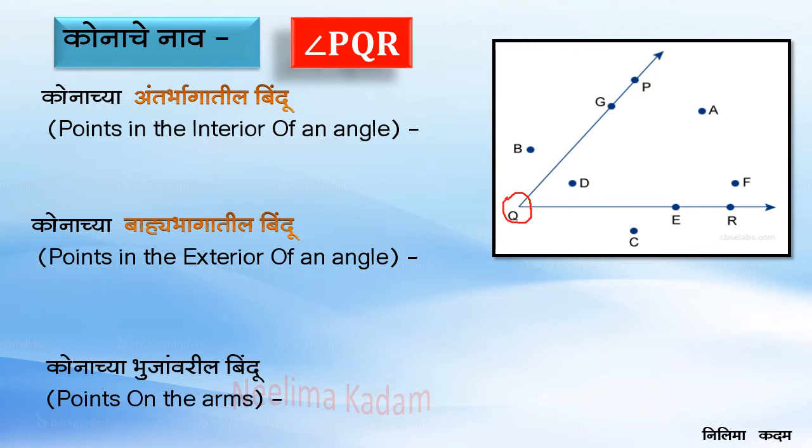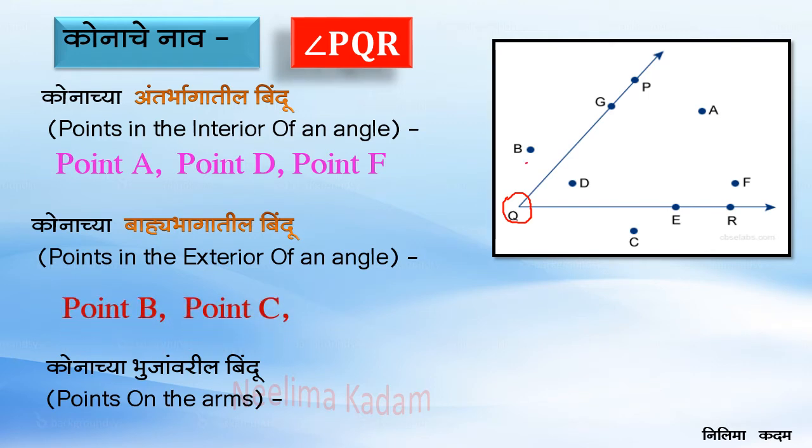Now points in the interior of an angle. Which are the points in the interior? See, point A, then point D and point F, and points in the exterior, point B and point C. Now what about point G, point E, point R?